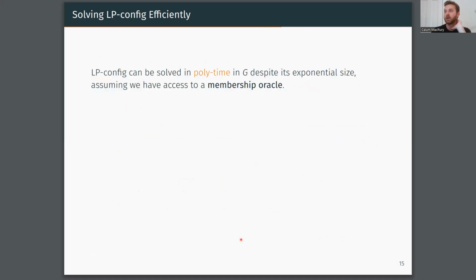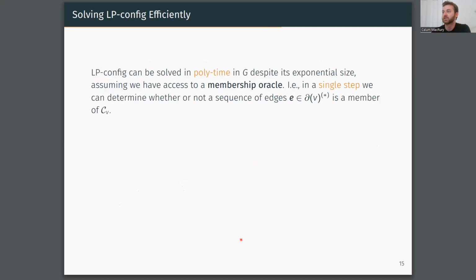So how are we going to actually make use of this LP? One thing, we have to discuss how to actually solve it efficiently. Despite its exponential size, this can be done assuming we have access to a membership oracle. So in a single step, we can determine whether a sequence of edges is in fact a member of the probing constraint.